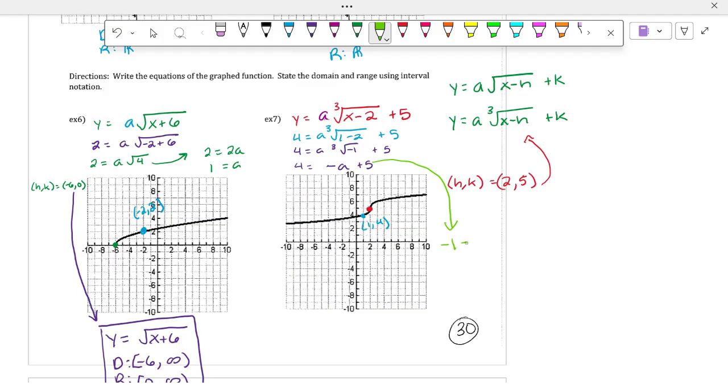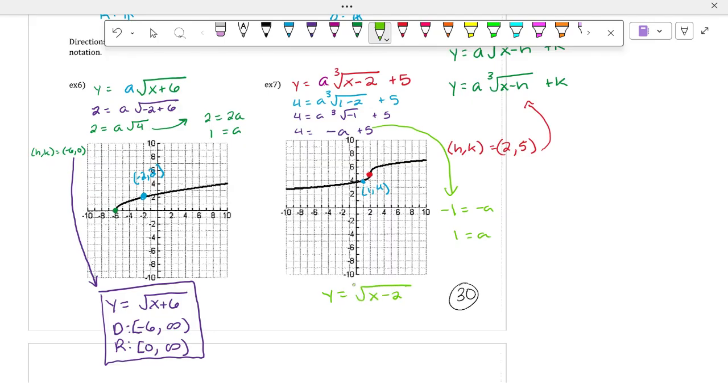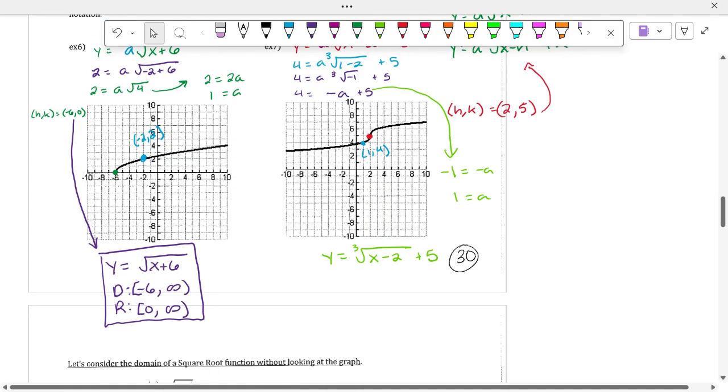I get negative 1 is equal to negative a. Divide by negative 1. 1 is equal to a. So my final answer would be the cube root of x minus 2 plus 5. Now, what would my domain and range be? All real numbers for both.